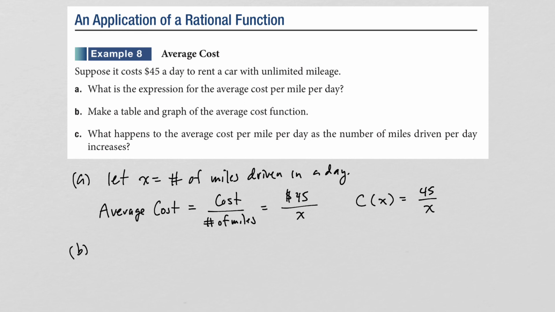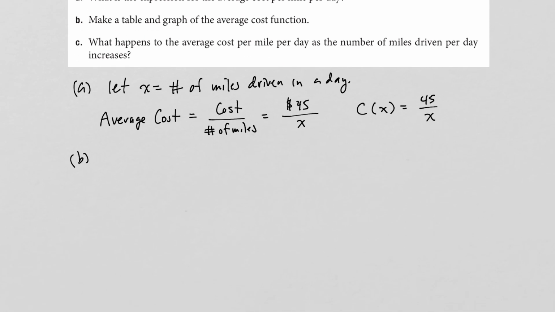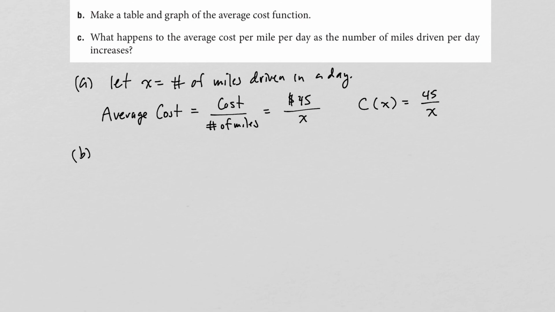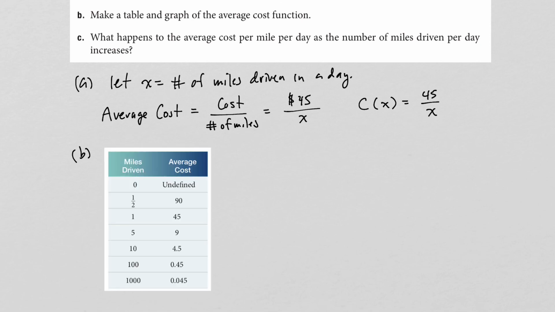Part B says make a table and a graph for this average cost function. So I will go ahead and just bring in a table. And so if you drive 0 miles, the average cost is undefined because 45 divided by 0 is undefined. If you drive a half a mile, the cost is $90, right? Because 45 divided by 1/2 is 90.